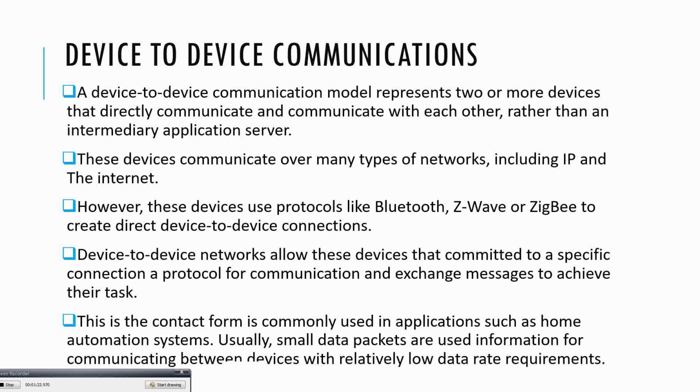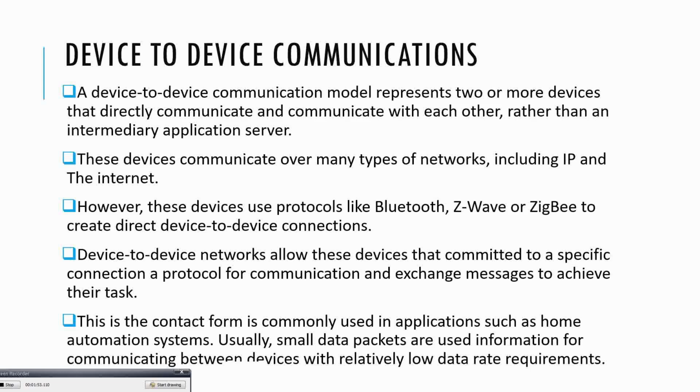Now let us see how device-to-device communication is done. A device-to-device communication model represents two or more devices that communicate directly with each other rather than through an intermediary application server. These devices communicate over many types of networks, including IP and the internet.